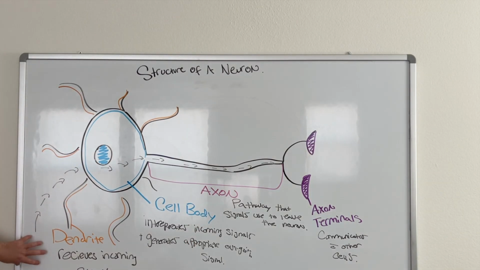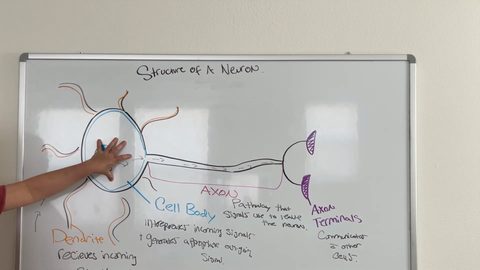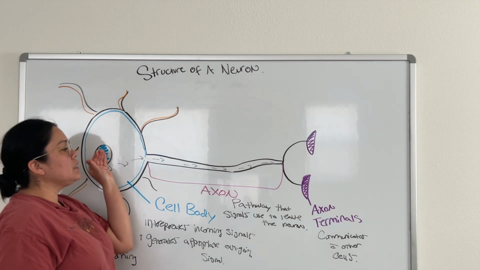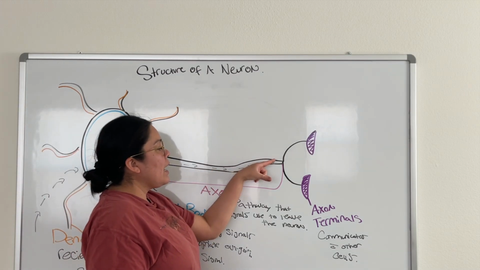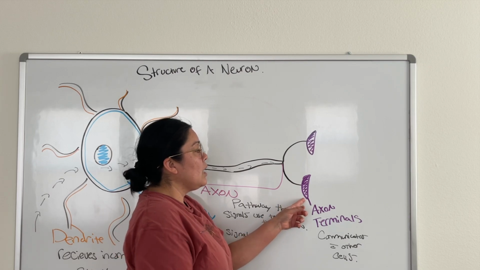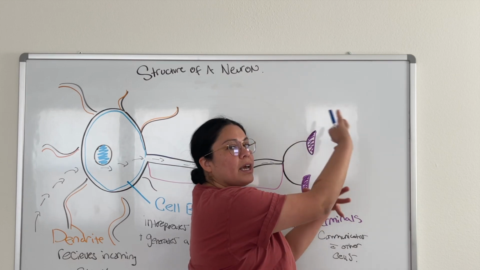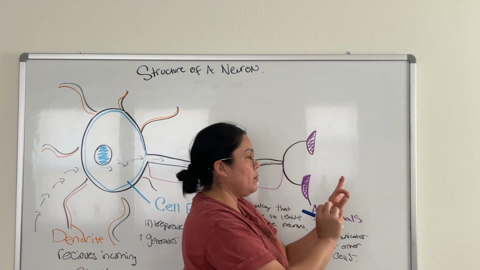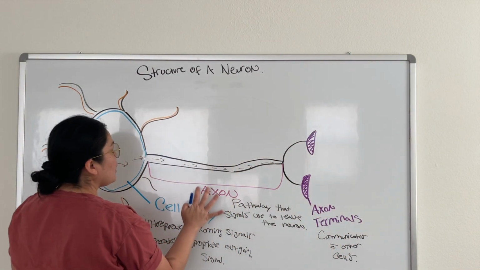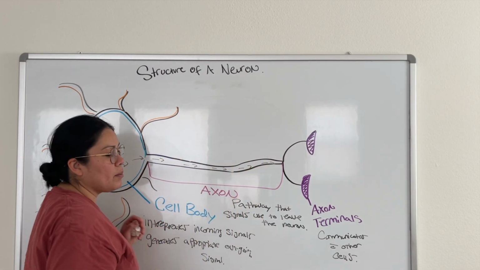So again, receiving information comes in through the dendrites, it gets interpreted at the cell body, and here the cell decides what is the appropriate message to send out. Whatever the message is, it sends it out through the axon, and it eventually is received at the axon terminal. Here at the axon terminal, there's going to be some communication that we're going to talk about in a little bit. But first, there's something going on the axon called the myelin sheath that we need to talk about first.